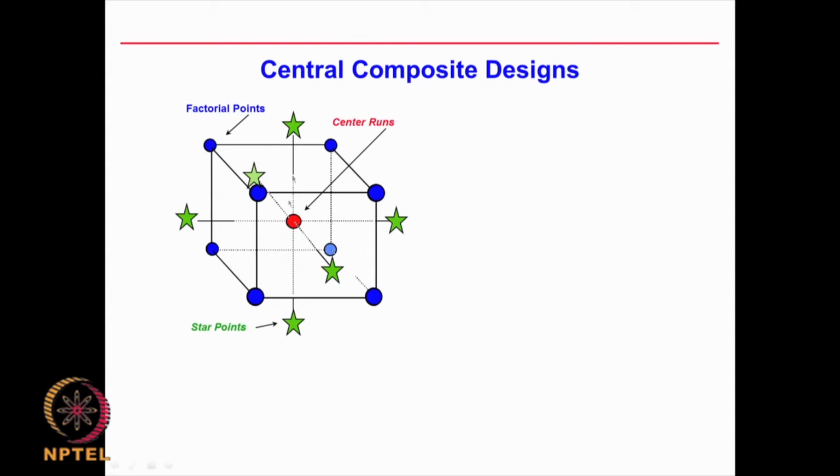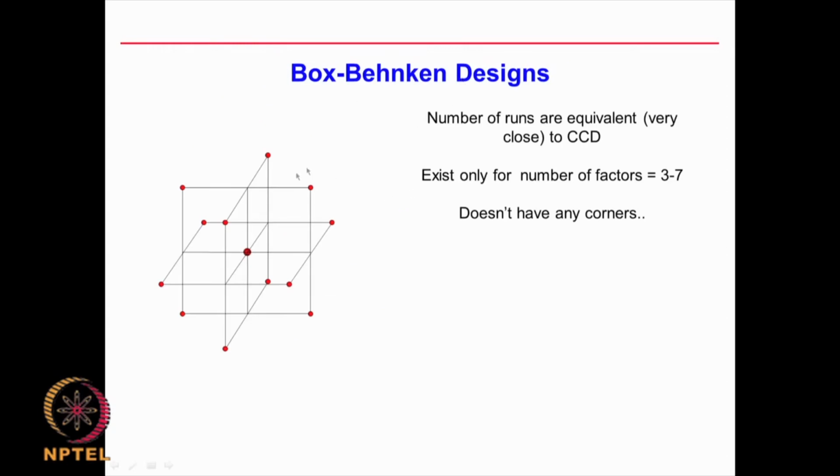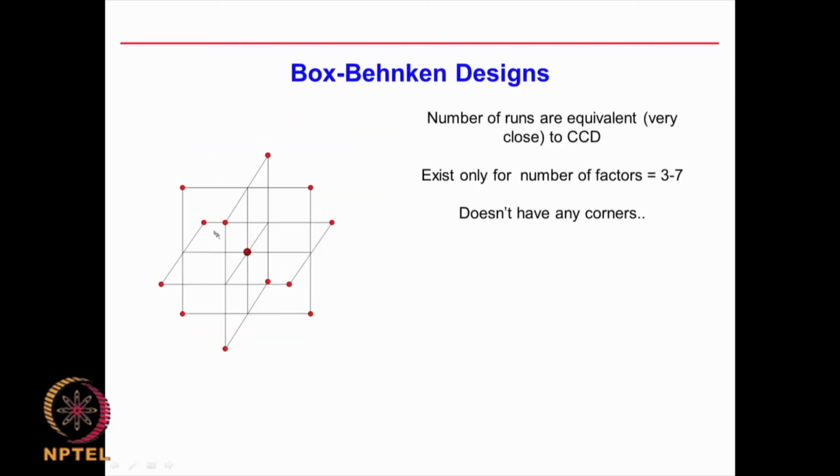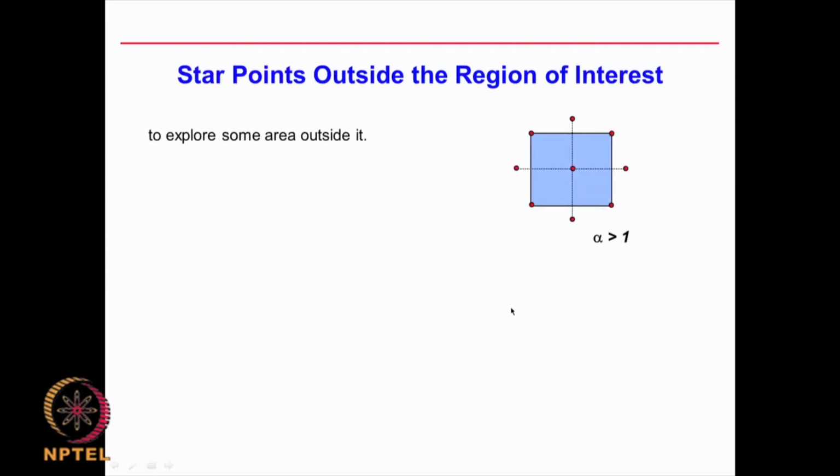So, that way this is extremely powerful. Then we have this Box-Behnken design. This is also similar to that, the only thing is instead of the corner points, it takes the points at the edges of the cube. That is the only difference. So, it does not have the corners, it takes the edges of the cube.